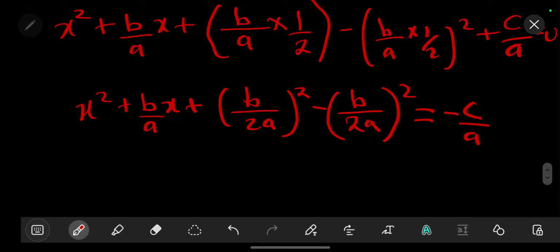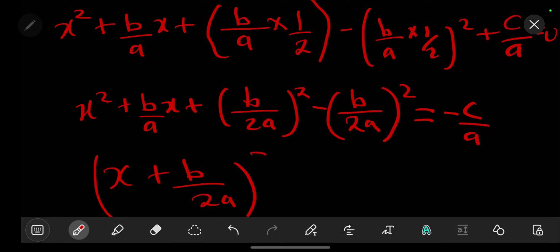So when we do this, since this has got squared and this has got squared, where there is addition you can put them in one bracket. So you are going to say x plus b over 2a like that. Then you square this.